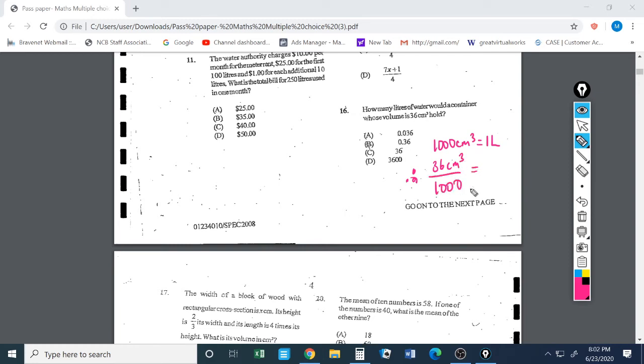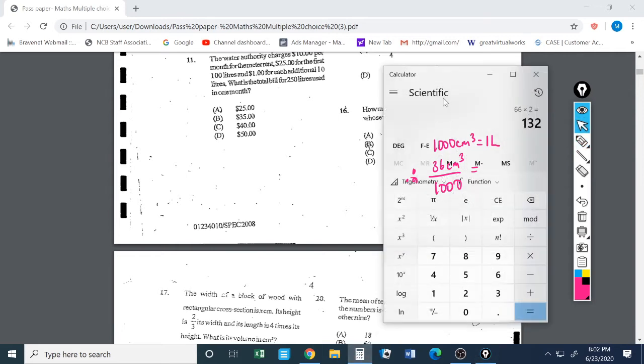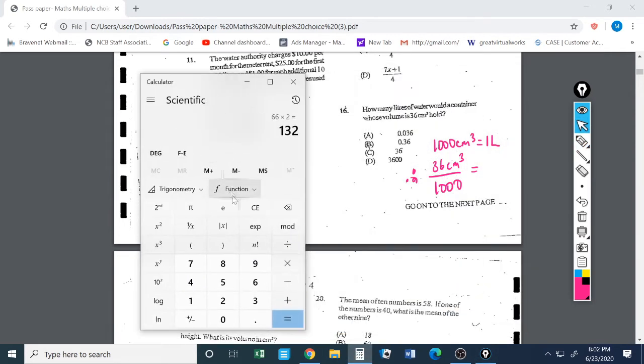Let's put this in our calculators. We're going to get 36 divided by 1,000, and we get A, which is 0.036. All right, guys.